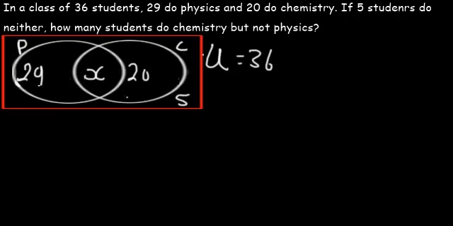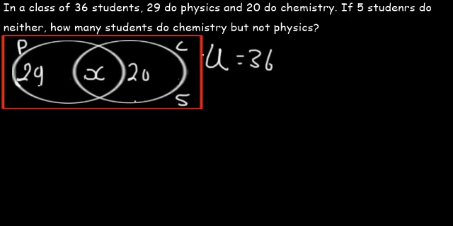Now the values given to us for those that study physics and chemistry are 29 and 20 respectively. Out of these values, we have those that study both physics and chemistry among them.